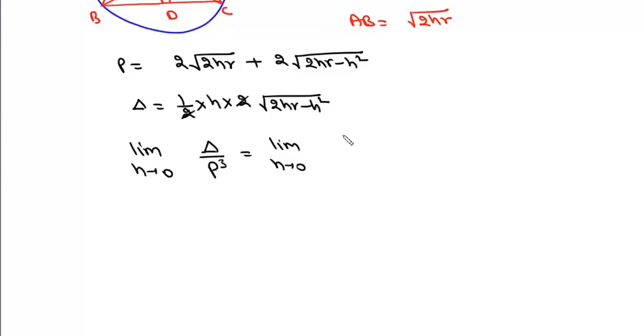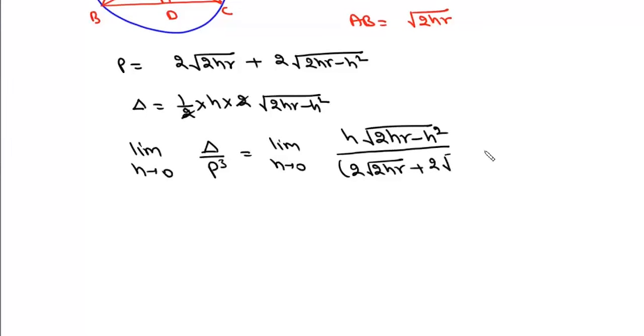Now delta is h into root of 2hr minus h square, upon, and P will be 2 root 2hr plus 2 into root of 2hr minus h square, whole cube.